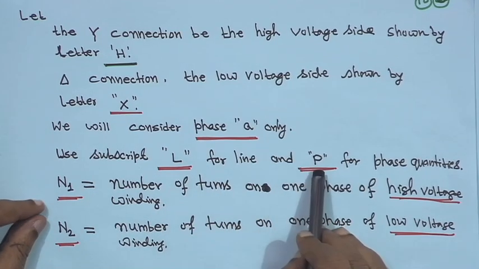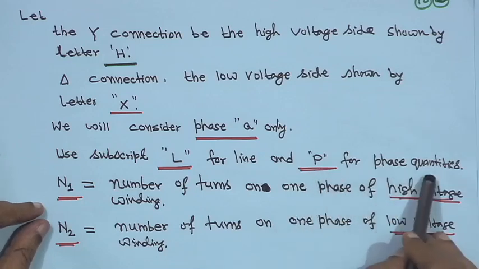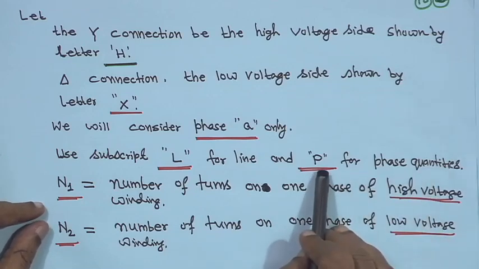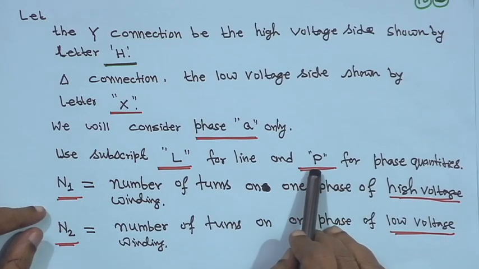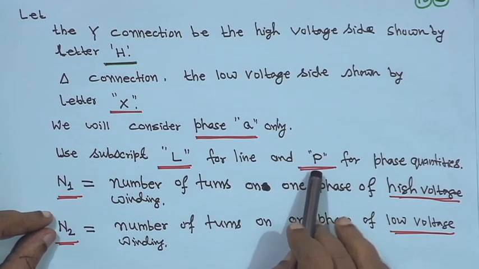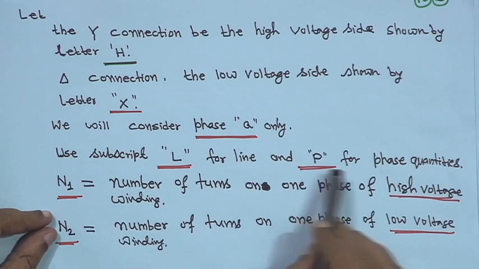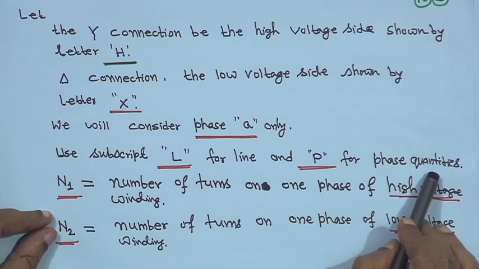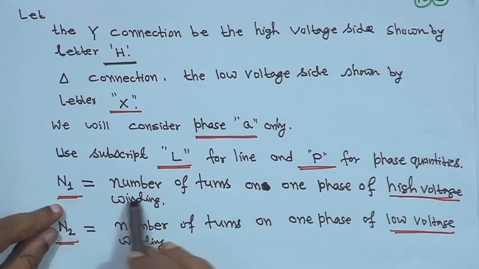And capital P is for phase quantities, not for power, just for phase quantities like phase voltage and phase current. It is for this transformer only that P stands for phase quantities, particularly the voltage. N1 is the number of turns on one phase of the high voltage winding.